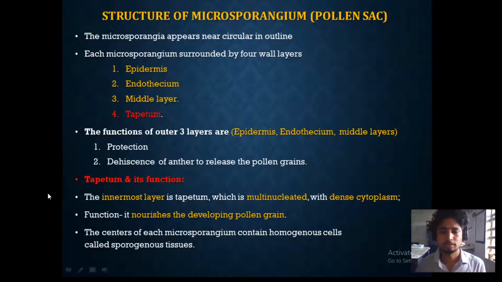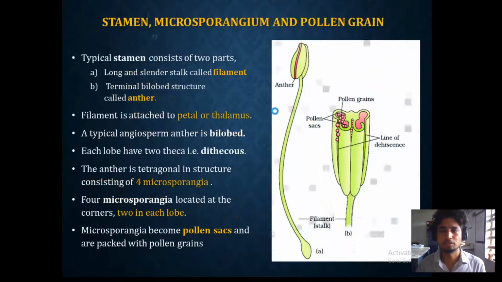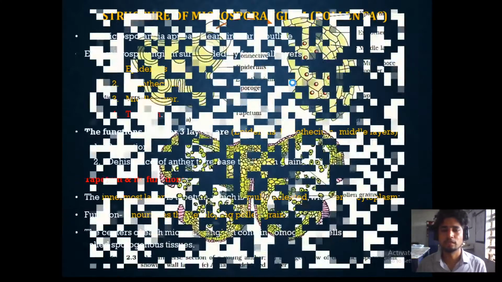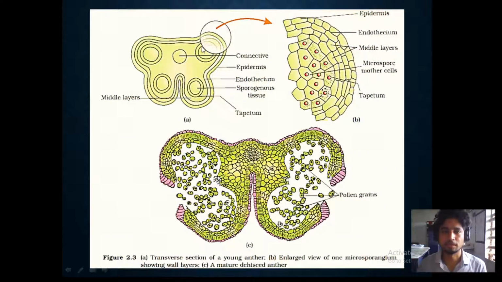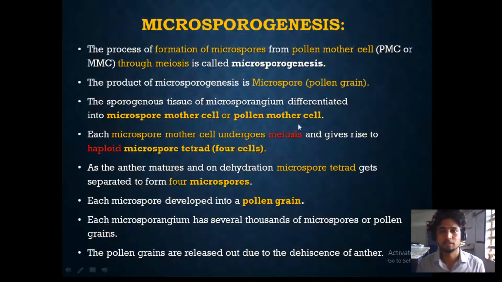So those cells are homogeneous cells, and those cells are called sporogenous tissue. The sporogenous tissue is present in the microsporangium, and this sporogenous tissue is capable of producing the spores that we are going to study in our next slide. That is microsporogenesis, how the microspore is produced.